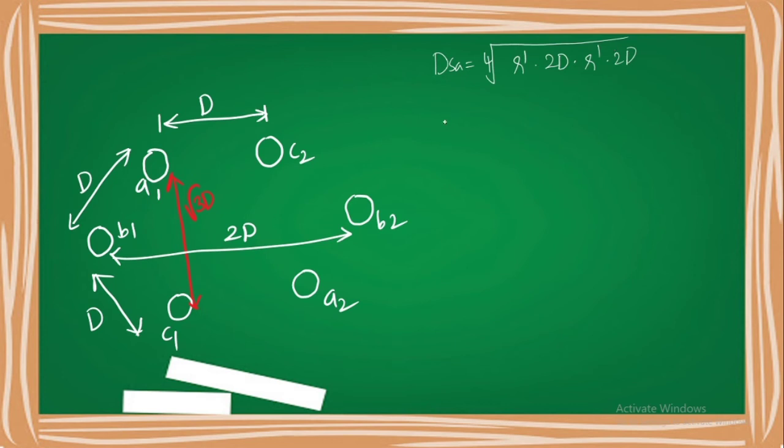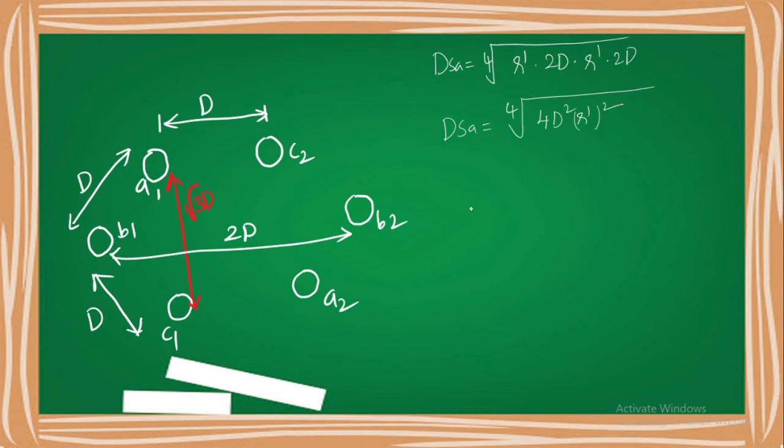So finally you get the GMR of A phase as DSA equal to the fourth root of 2D into 2D, 4D square, so 4D square R dash whole square.